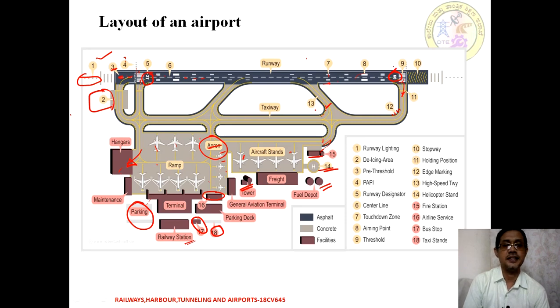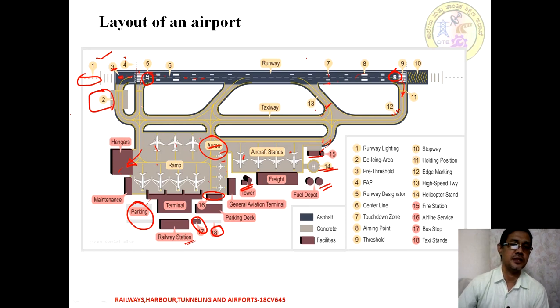The 9 means 9 into 10, that is 90 degrees when measured with respect to the north. Similarly, on the other end, 27 means 270 degrees. It means 90 and 270 degrees when measured. So always these numbers are in multiples of 10 degrees measured with the north. So that is a number.